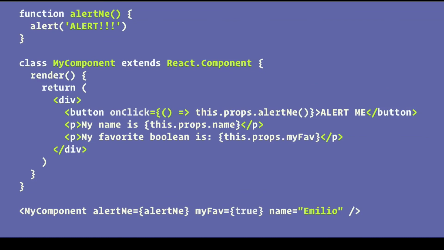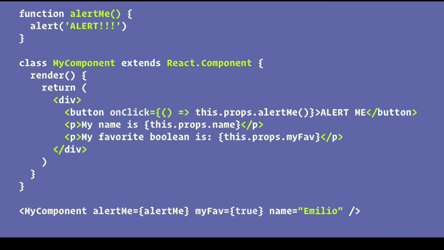So we access this third prop, name. And so when we render it, it'll say, my name is Emilio. Same thing on the next line. My favorite Boolean is this.props.myFave. This is what we called it, myFave. The value will be true. Does that make sense? Any questions on that?